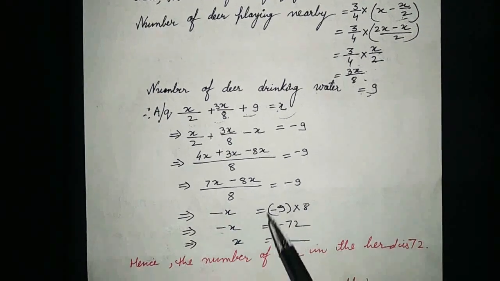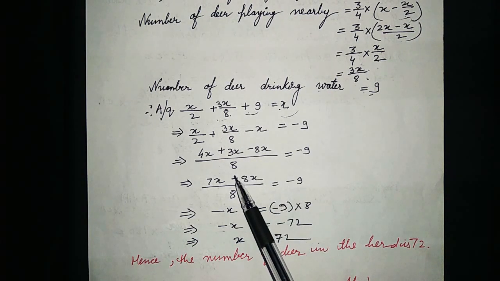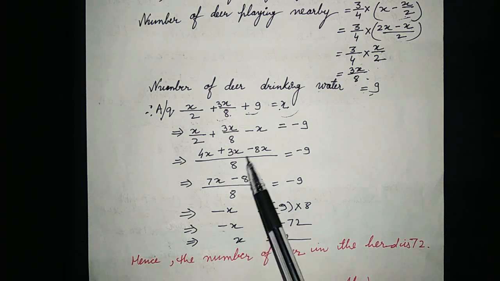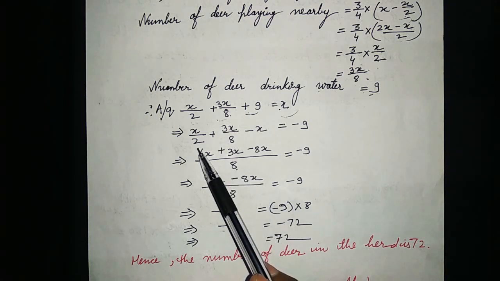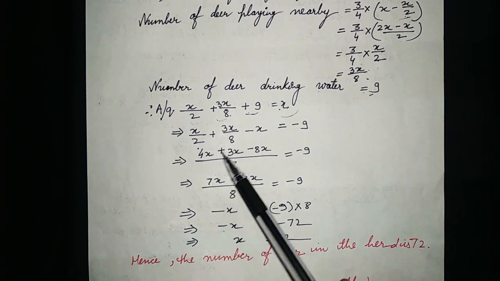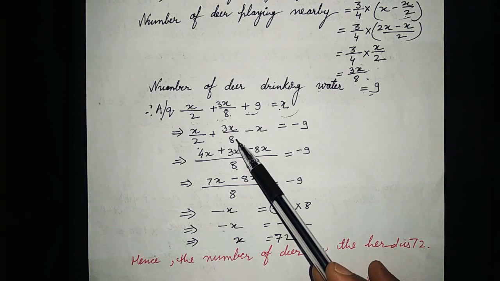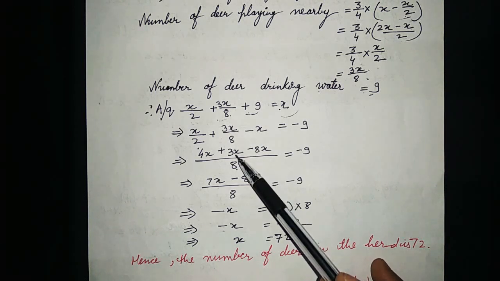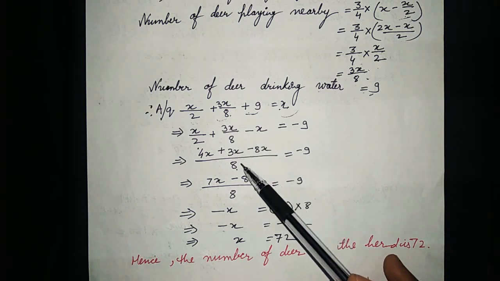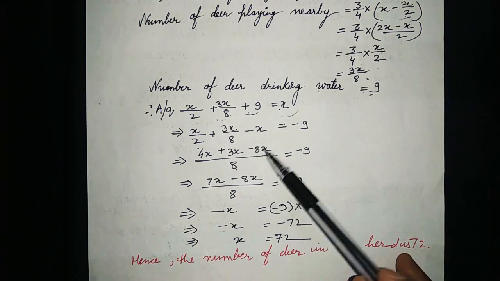Now the LCM of 2 and 8 and 1 is 8. Now we will solve it. 8 divided by 2, what will come? 4. And 4 into x, 4x. 8 divided by 8, 1. 1 into 3x, 3x. And here 8 divided by 1, 8, and 8 into x, 8x.